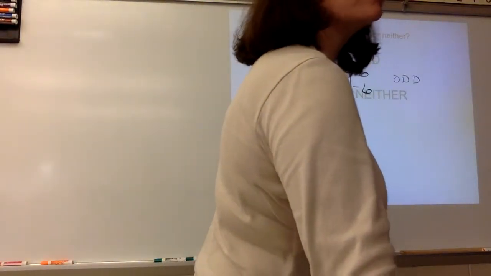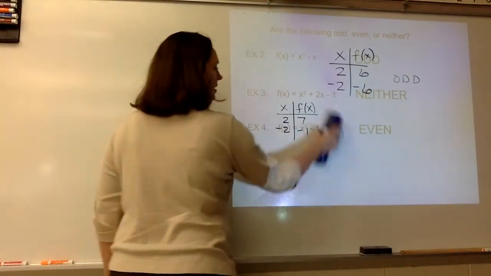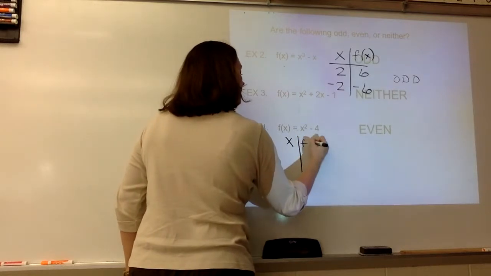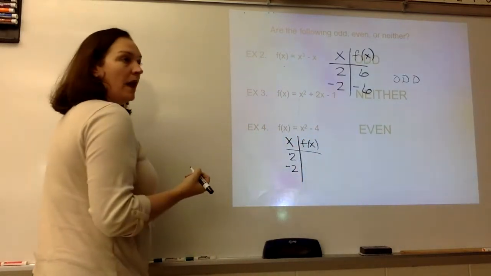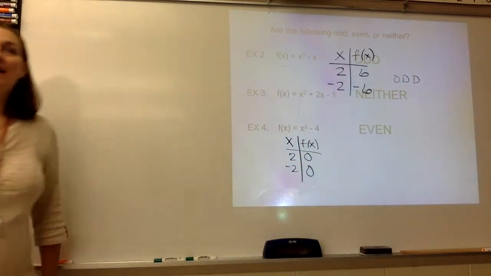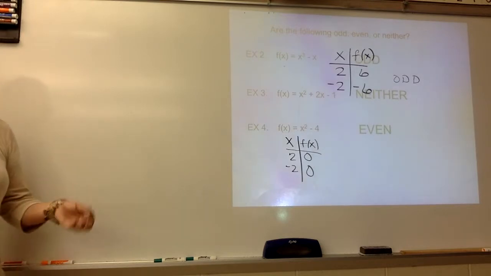So by default, we know the last one is going to be even, but let's still do a chart to make sure of that. So if I do an XY chart, and I choose 2 and negative 2, when I plug in 2 and negative 2, don't I get 0 out? Does that give me any information about a sign change? It's the same value, but does 0 take on a sign?